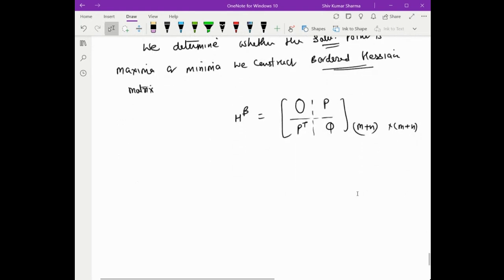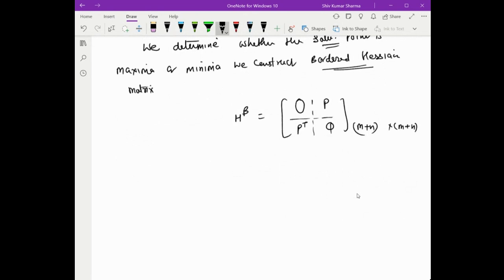So here we see how to construct the matrix P and matrix Q, on the basis of the number of variables and the number of constraints. We have three variables x1, x2, x3.